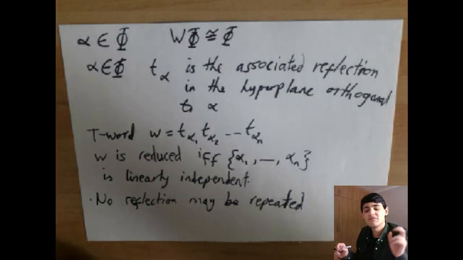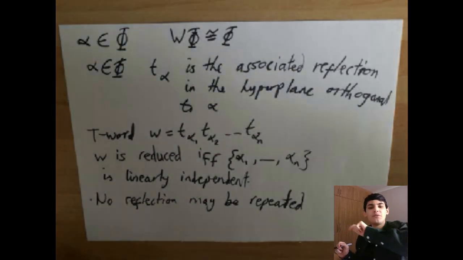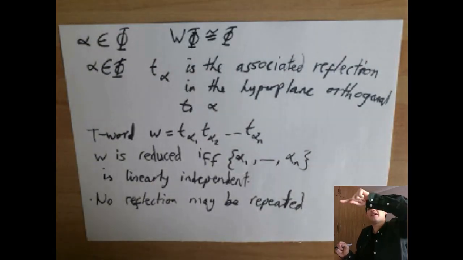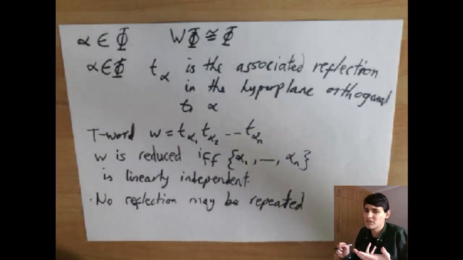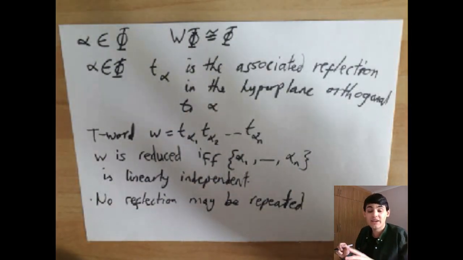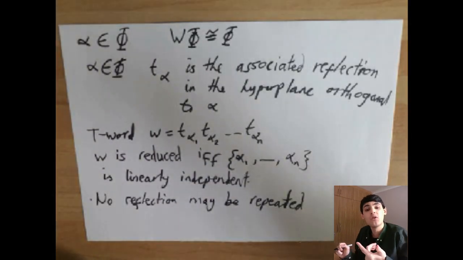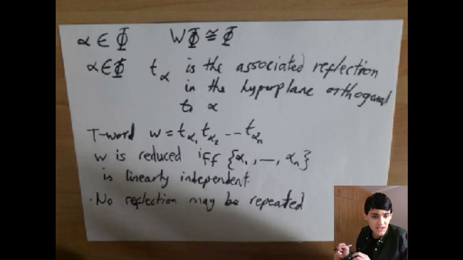You can convince yourself that this is true, because if you're going through a series of reflections and then you reflect once, do a bunch of others, and then reflect back, it is sort of like, well, why did I do the same thing twice? But what's interesting here is that it is any reflection. It's not just consecutive ones, which it would be for a normal Coxeter system.